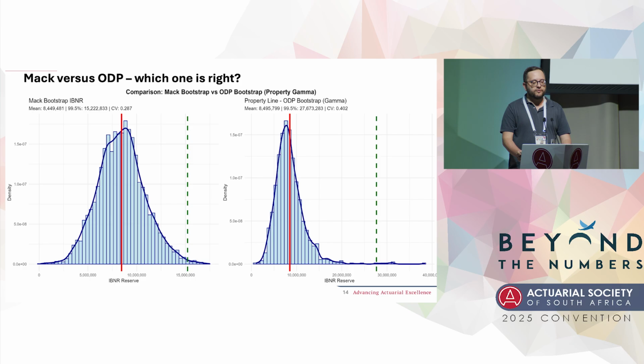15.2 million. But if you apply the ODP, while you should get a very similar mean number, only 50,000 Rand off, you can see that you've got a vastly different coefficient of variation of 0.4. So this doesn't actually look like a property line. This looks like some sort of heavy commercial line of business.